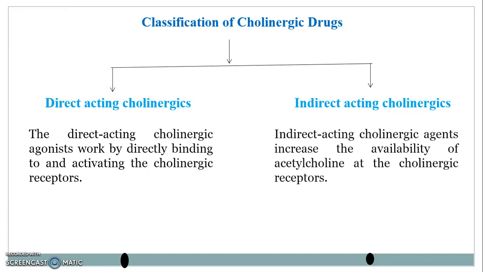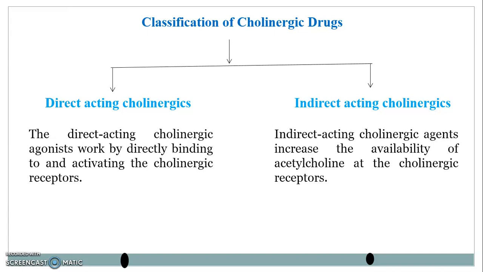Whereas indirect acting cholinergic means the agent increases the availability of acetylcholine at the cholinergic receptors. It doesn't bind directly to the receptor, but increases the availability of acetylcholine. The enzyme responsible for the inactivation of acetylcholine is acetylcholinesterase.